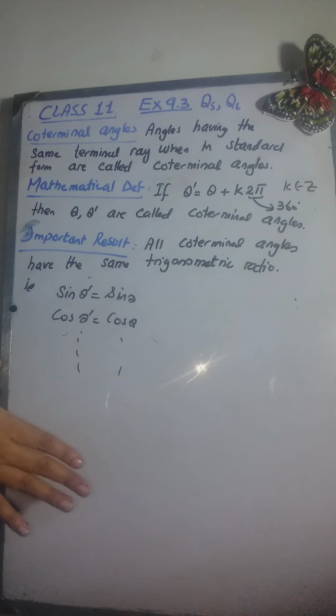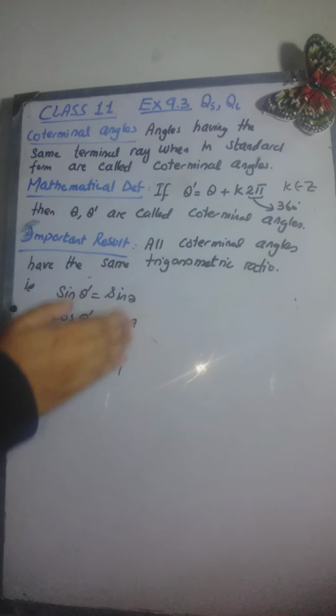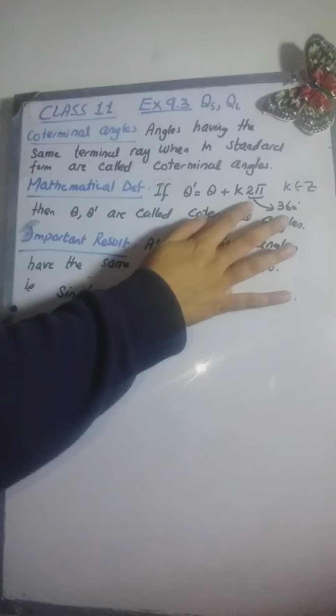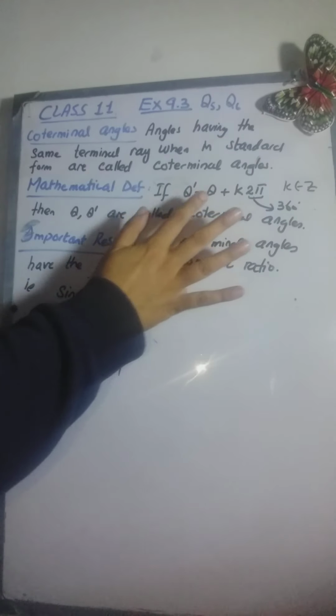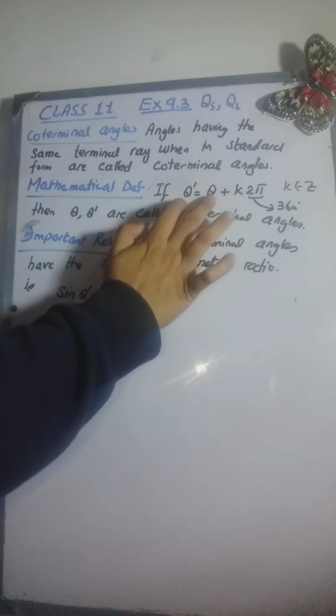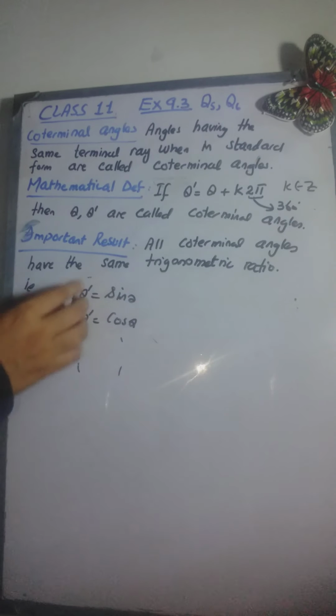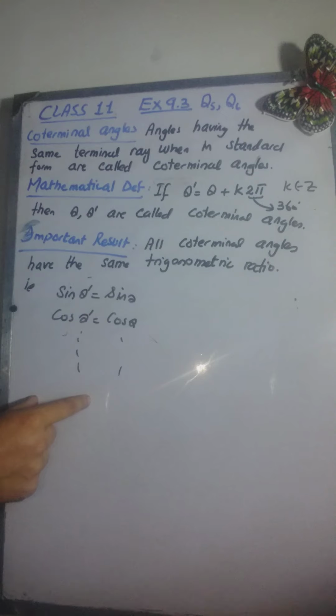So if you know the trigonometric ratio of theta, and you can write some other angle theta dash as a multiple of 360 plus theta, then it means that theta and theta dash are coterminal. So you can find the trigonometric ratios of theta dash if these two are coterminal.